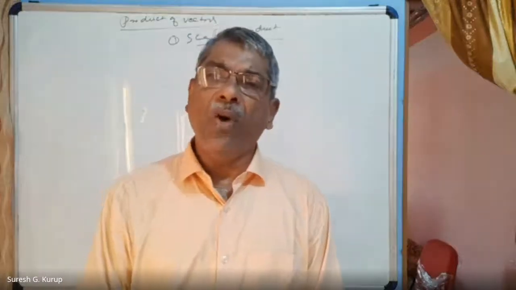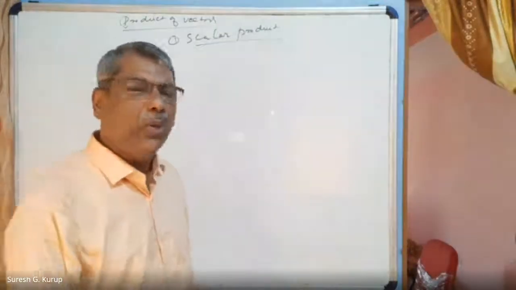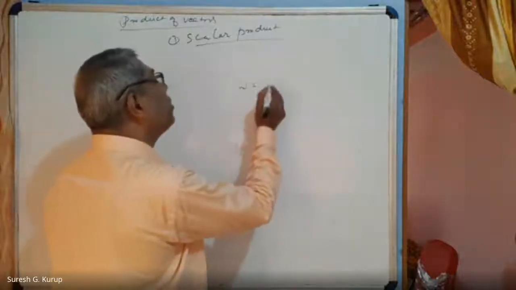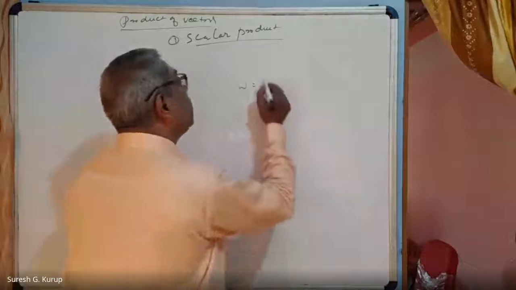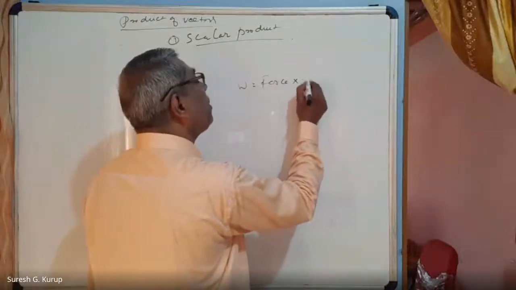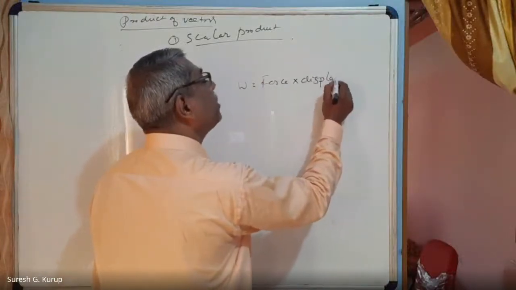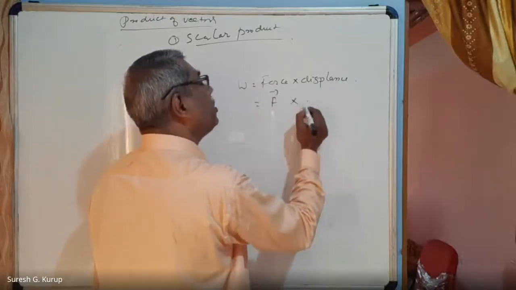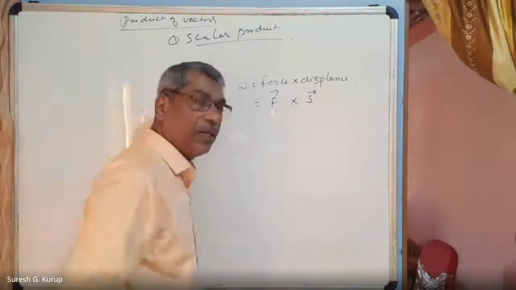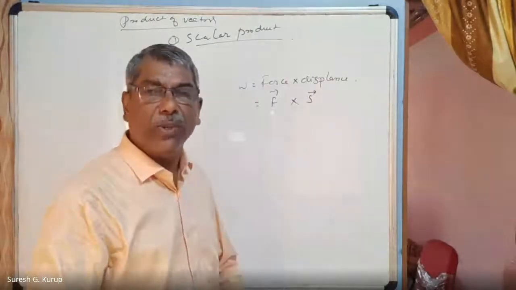But how can we calculate work done? Everybody knows that work done W is equal to force into displacement. Force is vector F and displacement is vector S. S means displacement in physics.